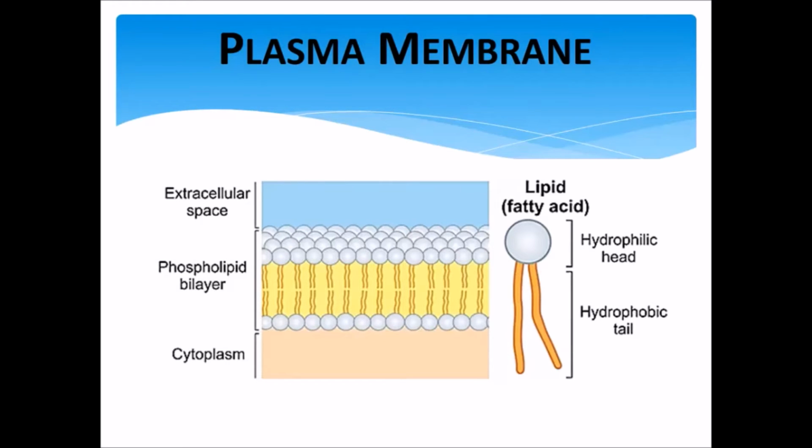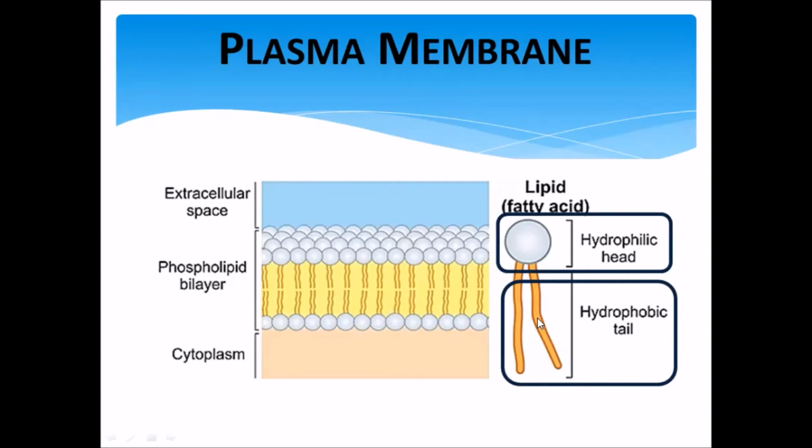The head is considered the hydrophilic, or water-loving, area of these molecules because it is in contact with the aqueous fluid both inside and outside the cell. On the other hand, the tails are considered hydrophobic, or water-hating, because they interact with other non-polar molecules on both the cell's exterior and interior.